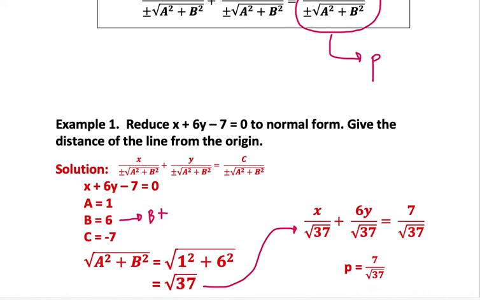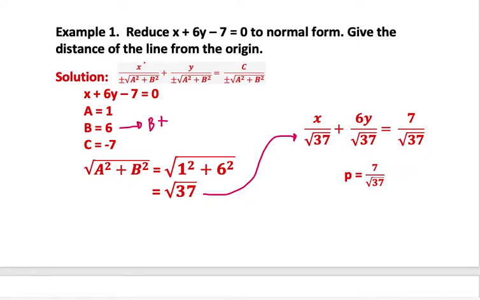In other words, the distance of the line from the origin is p equals 7 over square root of 37. And the normal form of x plus 6y minus 7 equals 0 is x over square root of 37 plus 6y over square root of 37 equals 7 over square root of 37. So let's proceed to example number 2.